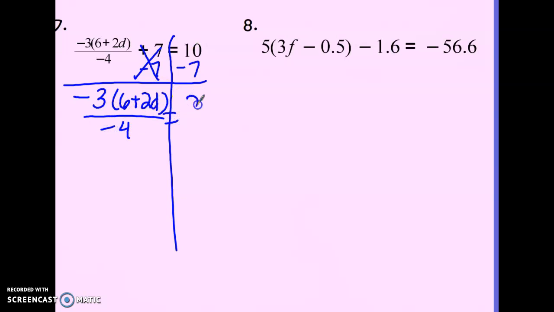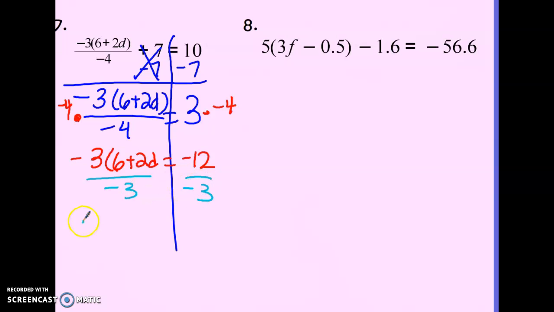And then 10 minus 7 is 3. All right, so the next thing I have to do is undo the division by multiplying. So I'm going to multiply by negative 4. Which is still going to leave me with an expression, but it's getting a little bit shorter. So negative 3 times 6 plus 2d equals negative 12. And now I'm going to divide by negative 3.